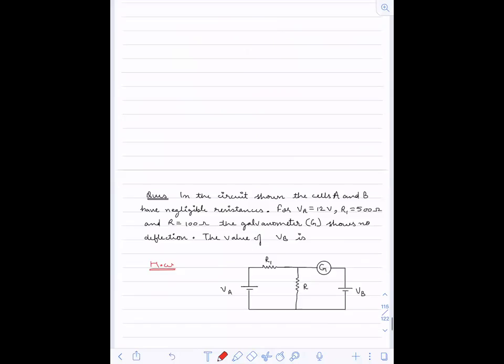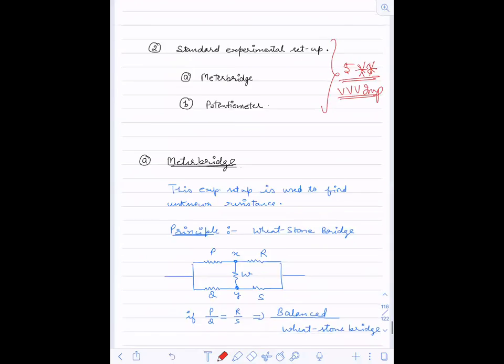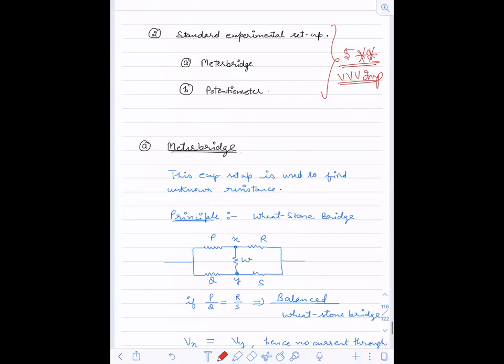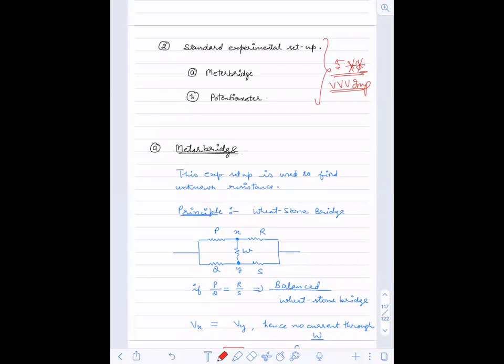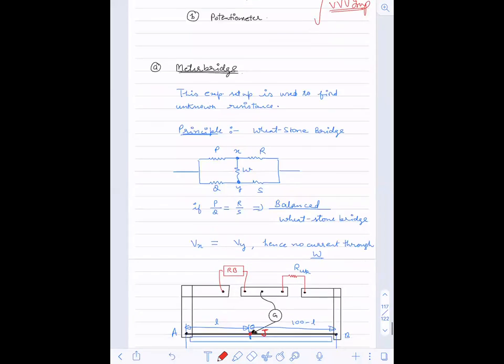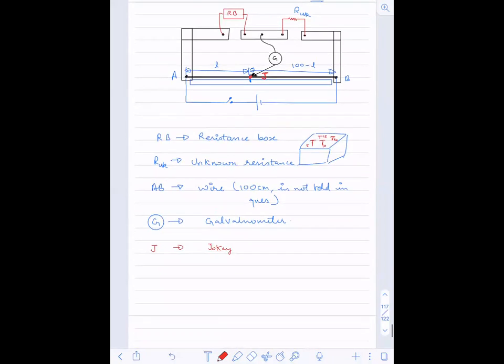There are 2 questions as homework, and then meter bridge. This is the first slide, the standard experimental setup. And then this is the experimental setup.